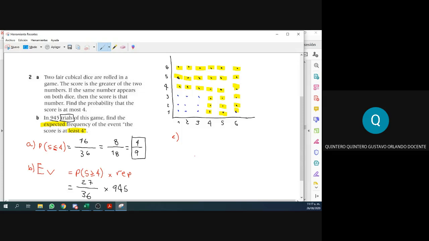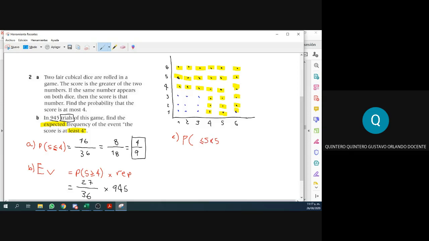Look. Let's find the probability, a simple one. The probability that the score is at least 5. No, you know what? Not at least.